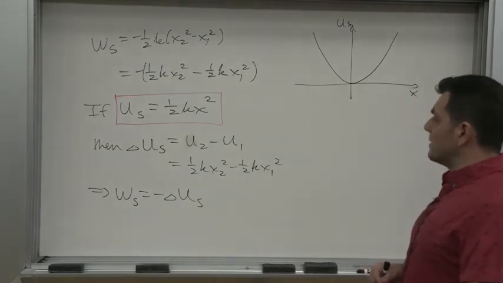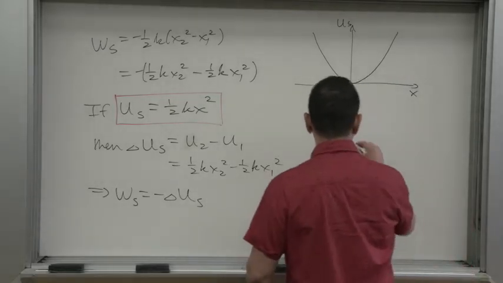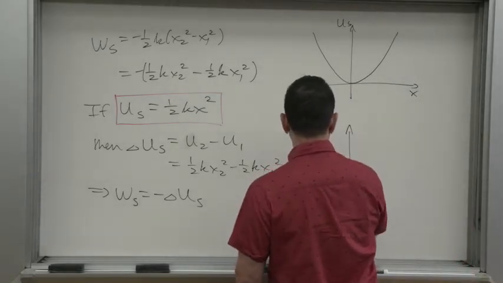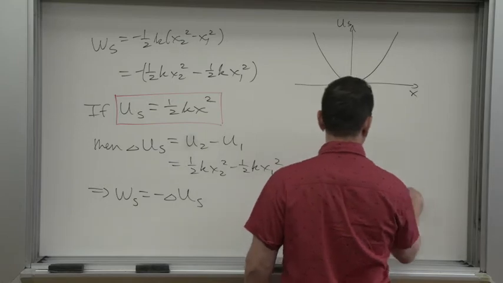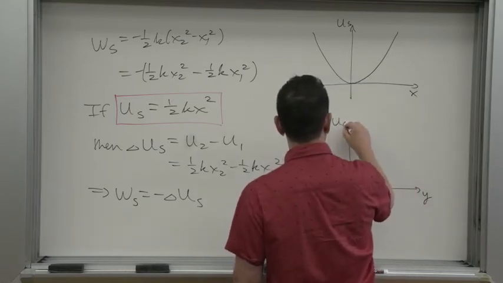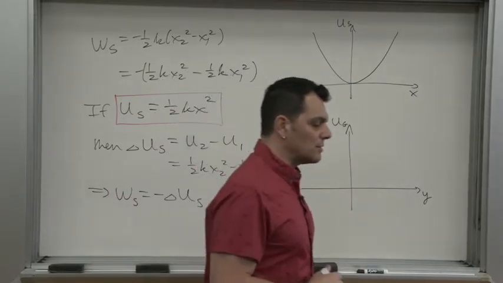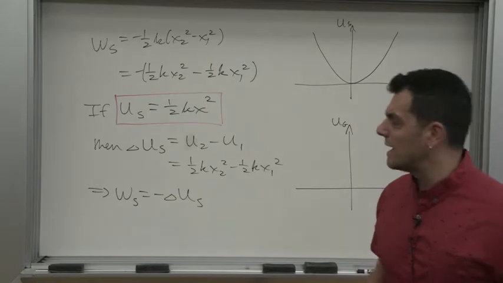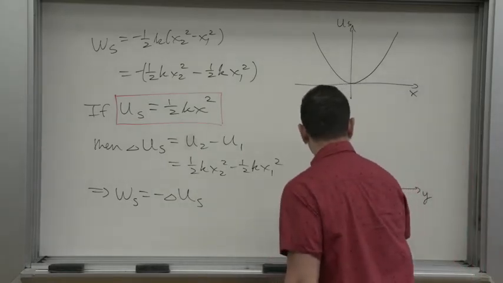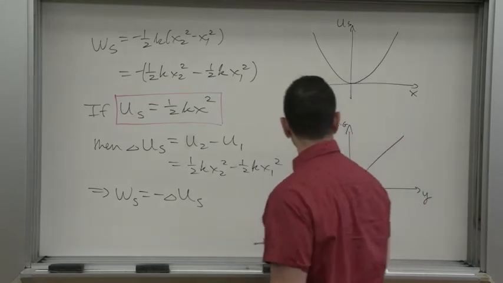Okay. What about gravitational potential energy? Well, now, remember, U sub g is equal to mgy. So very simply, this is a linear function.